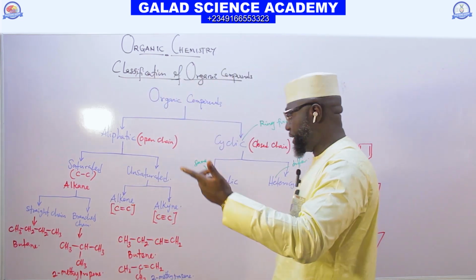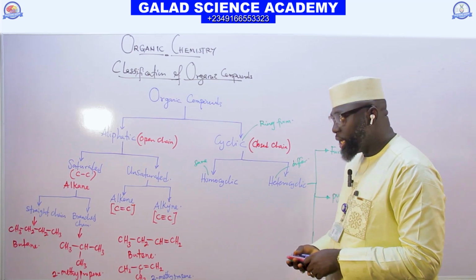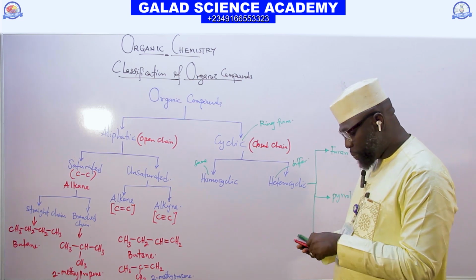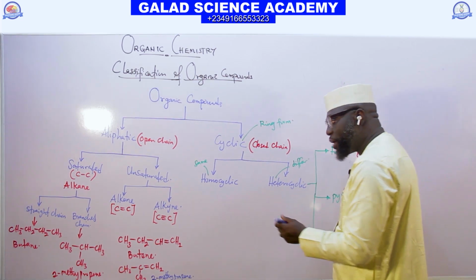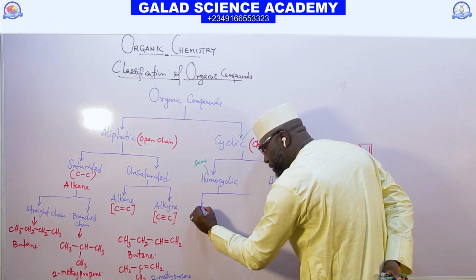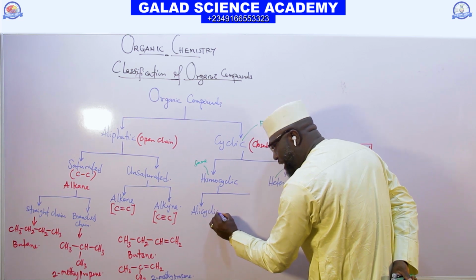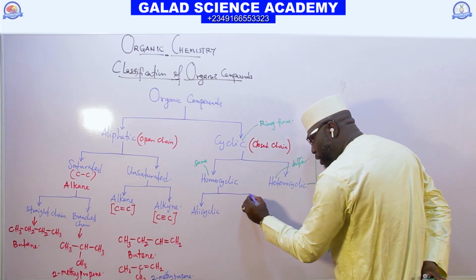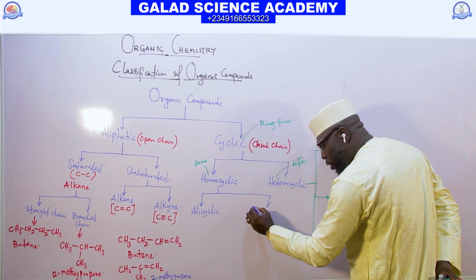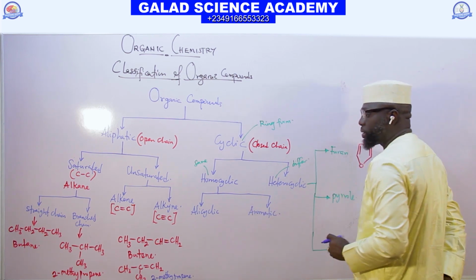We also have pyridine. But the homocyclic compounds are divided into two parts. We have what we call alicyclic, and we also have what we call aromatic.